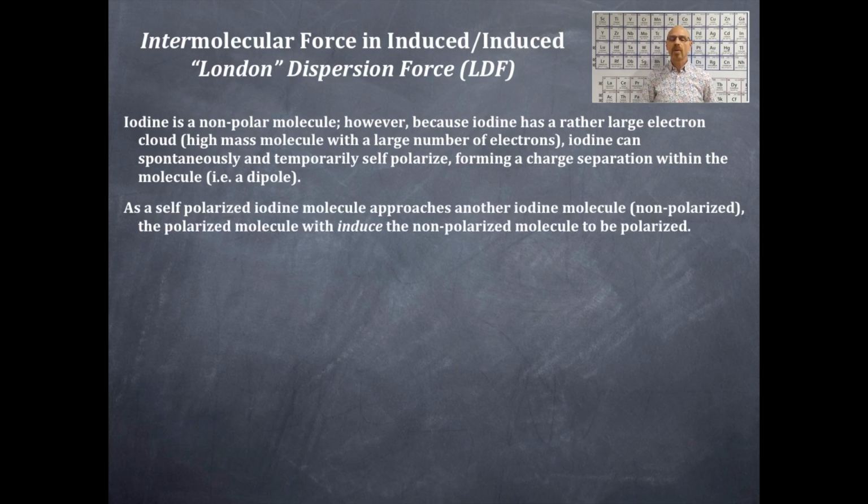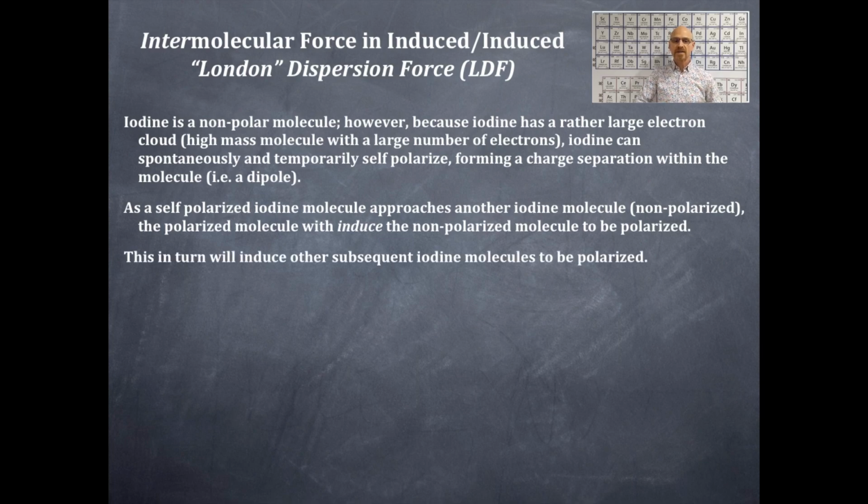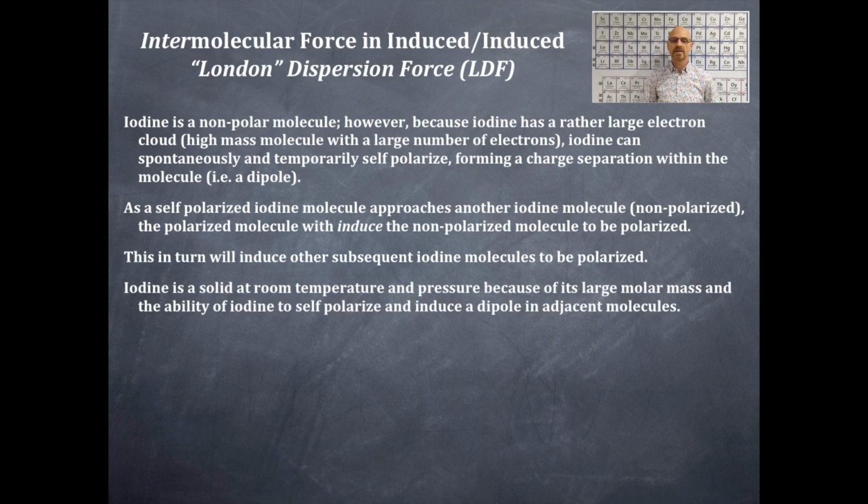As a self-polarized iodine molecule approaches another iodine molecule that is non-self-polarized, the polarized molecule will induce or force a non-polarized molecule to be polarized. This in turn will induce other subsequent iodine molecules to be polarized.